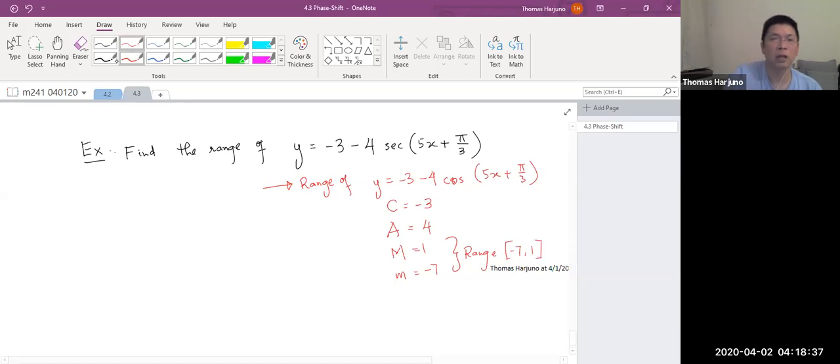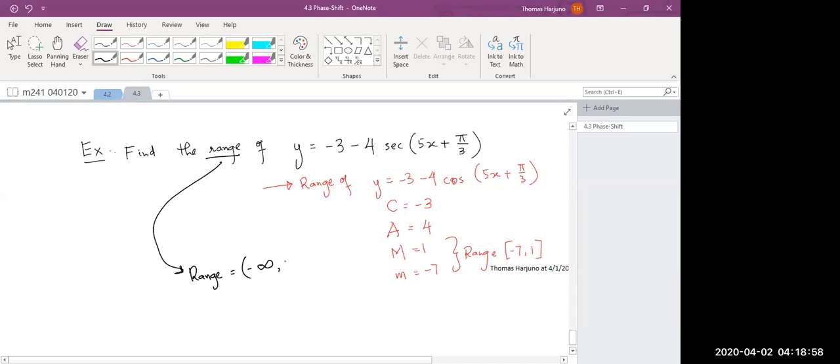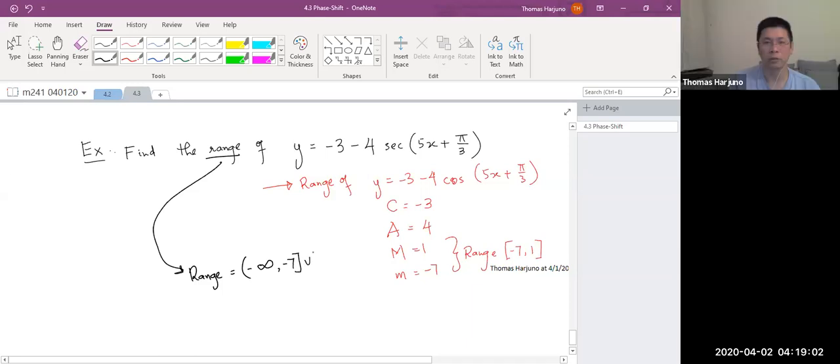Now if we go back to our original question, the range of that original function will be everything but that interval. The range will be negative infinity up to negative 7, union 1 to infinity.